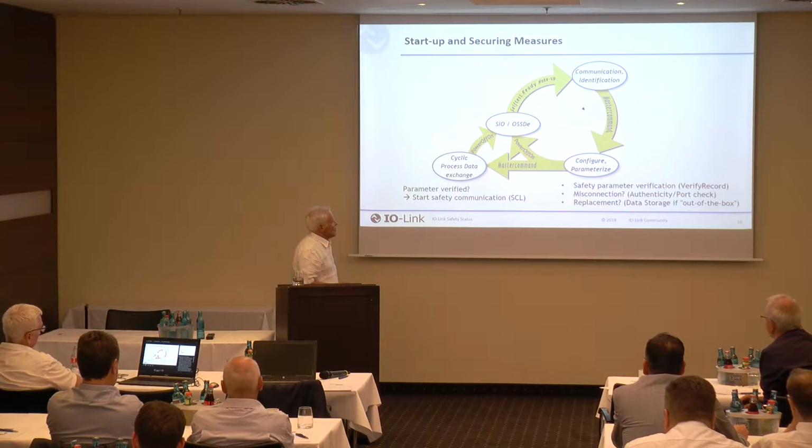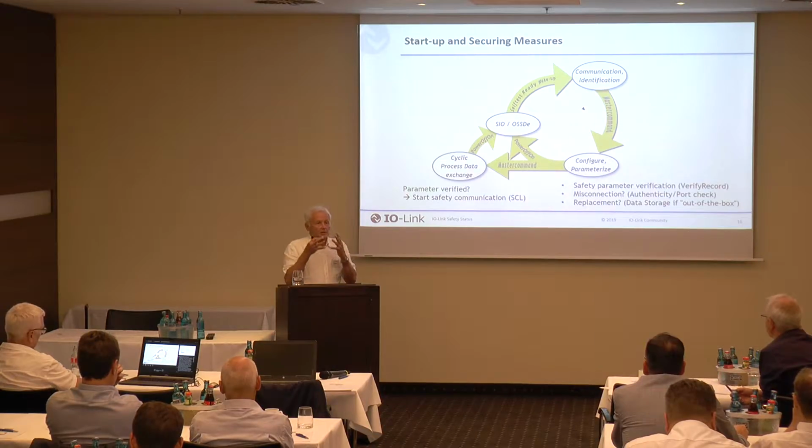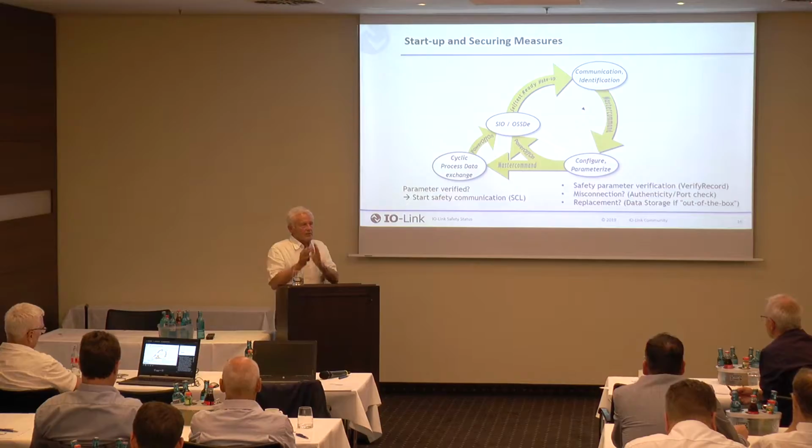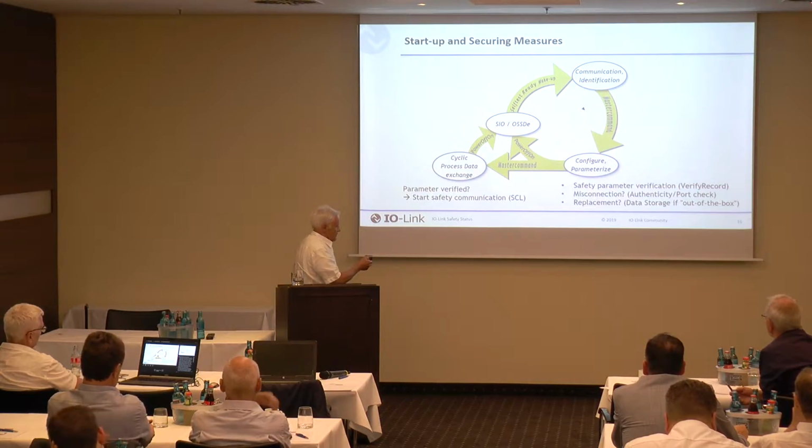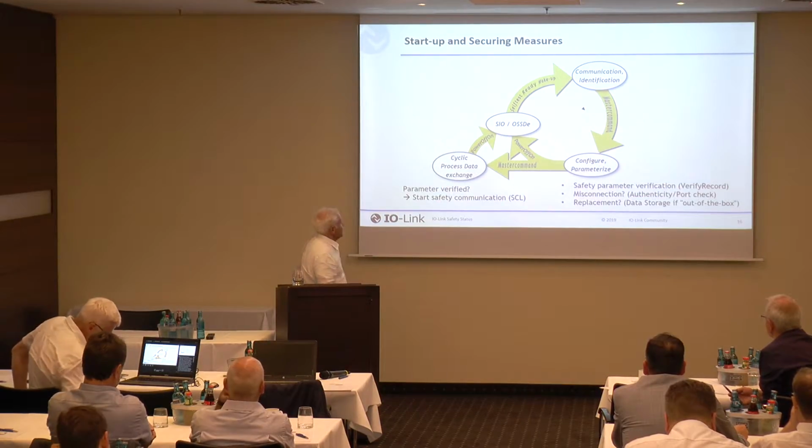And in version 1.1.3 of the IO-Link specification, we now have a new reset command, which is called back to box, so that it's very easy to understand. Yes, I need this system command to reset my device to an original delivery state. Okay. Once our parameters are verified, then the safety communication is starting.